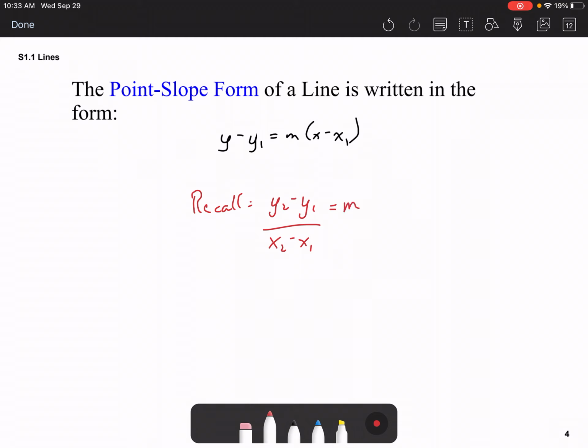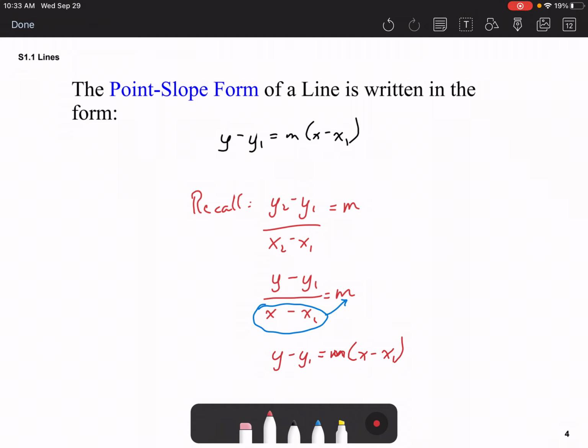If you replace just the y2 and the x2 with a general variable, and then you cross multiply the x minus x1 up with the m, you get point slope form.